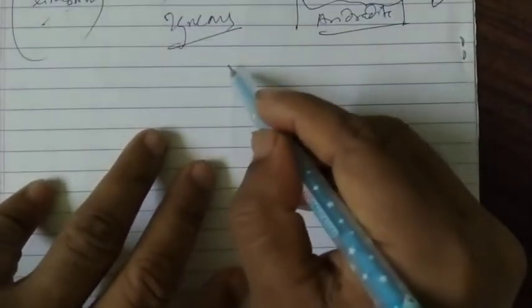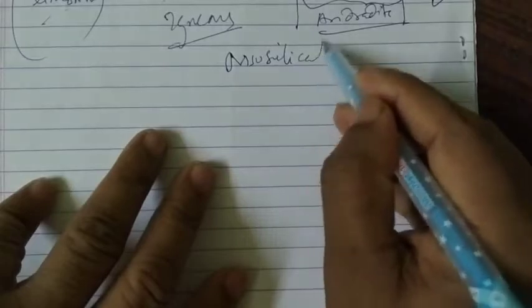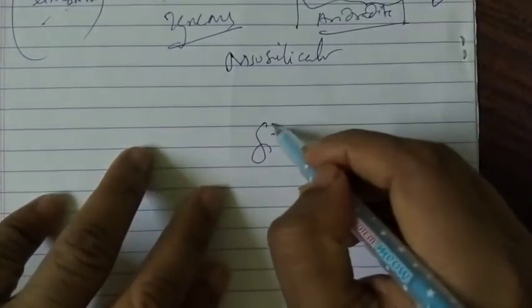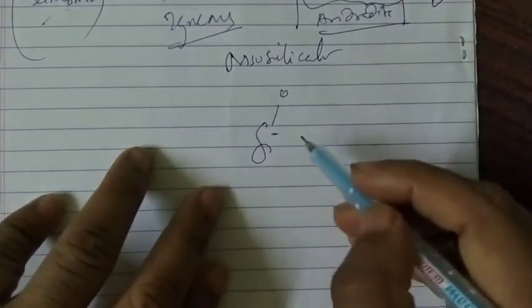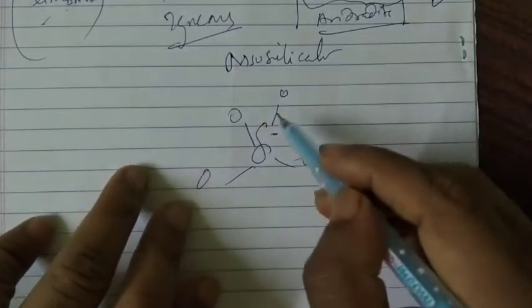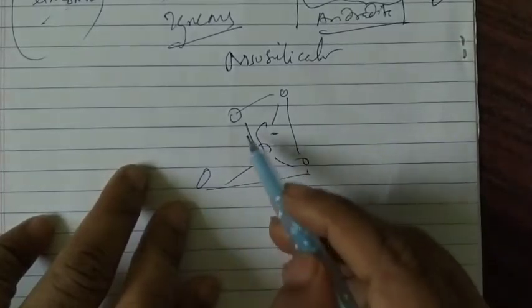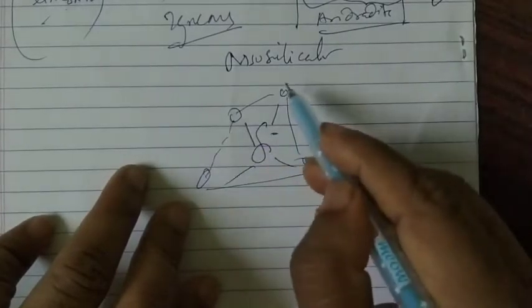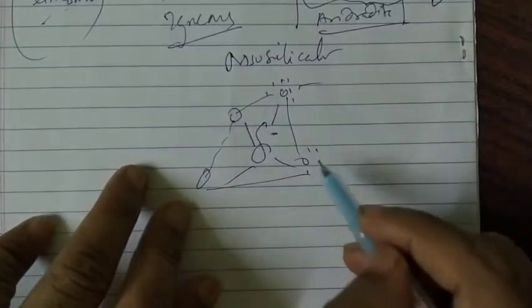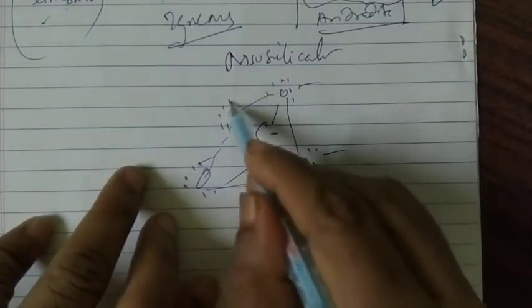And as I said, nesosilicate structure. I think in second semester you have learned this: silica with oxygen in tetrahedra like this. Four oxygens will be there, and you can join them like this, 1 2 3 4 5 6, like this.